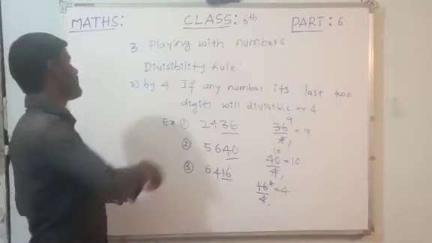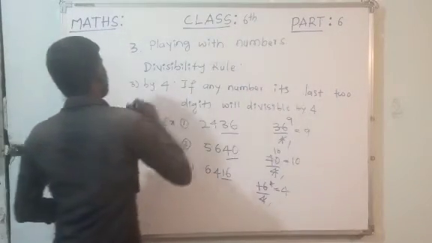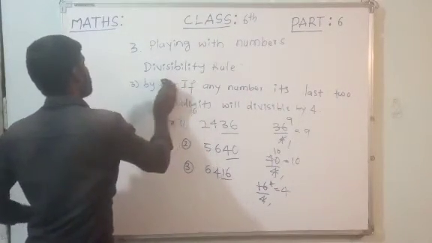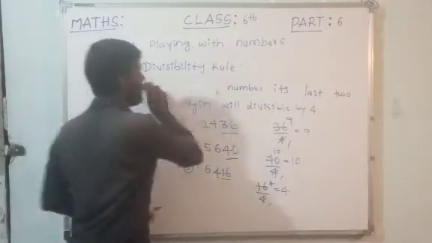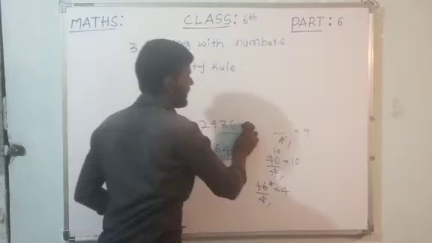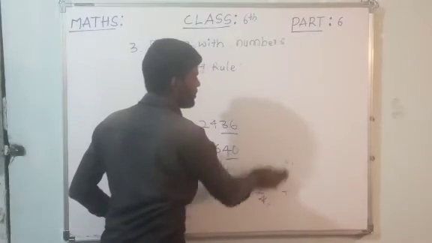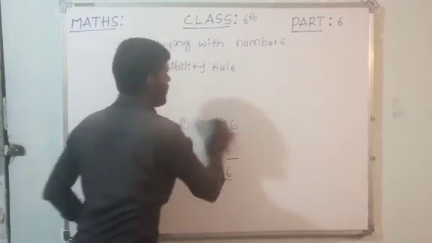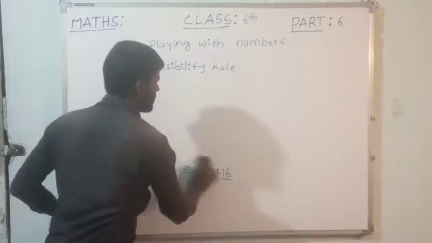Let us move to the next content in today's class, the fourth content, divisibility by 5. It means when we can use 5 to divide the given numbers.